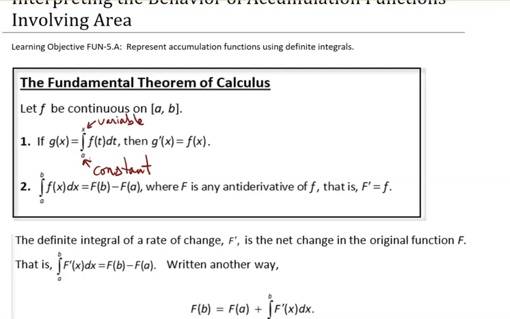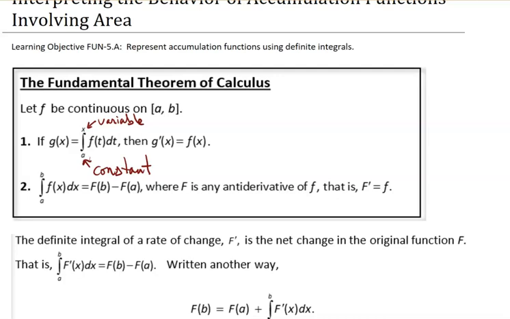We have a constant down here, we have a variable up here. g of x is a function in terms of the variable x. Okay, so g of x is not a numeric value, it is a function that represents the integral from a constant, so from some set starting point, to any value of x of f of t dt.